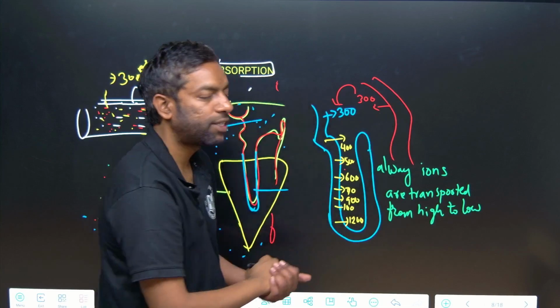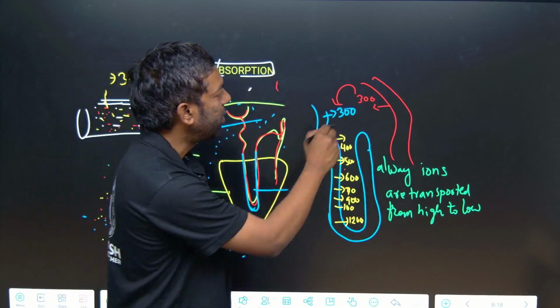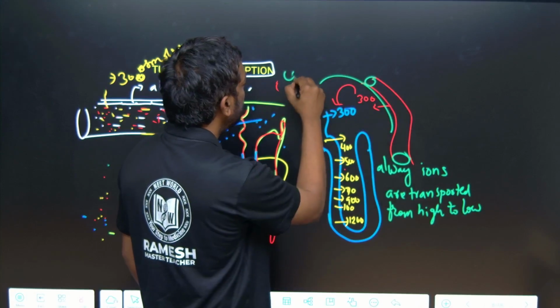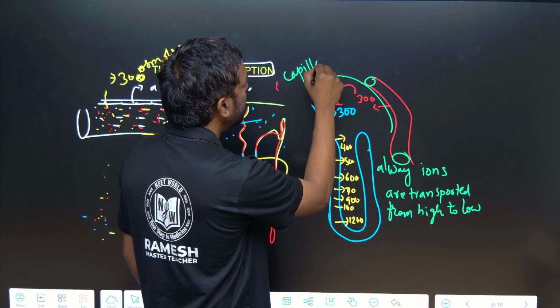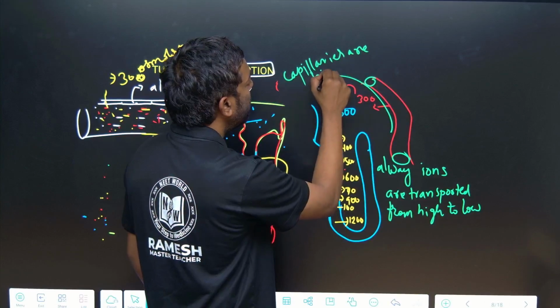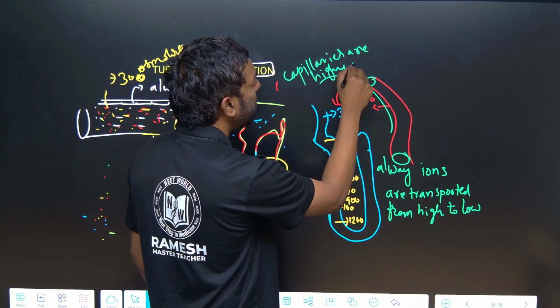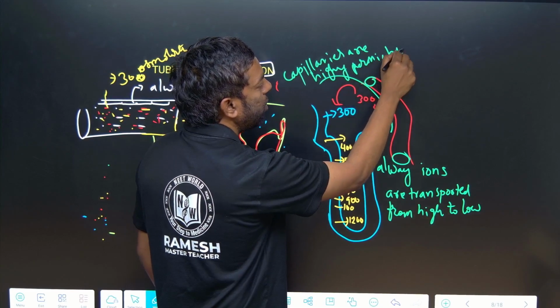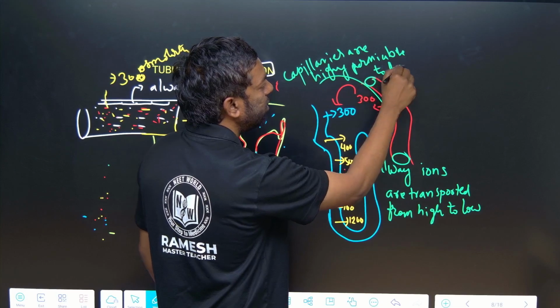So here ions are transported because the blood vessel capillaries are highly permeable to the ions.